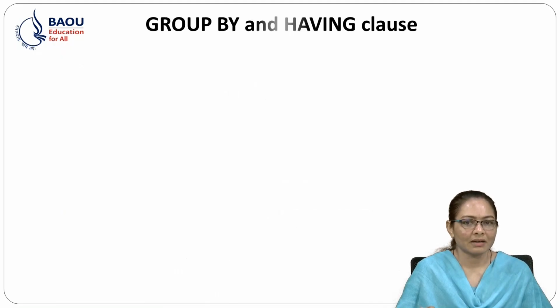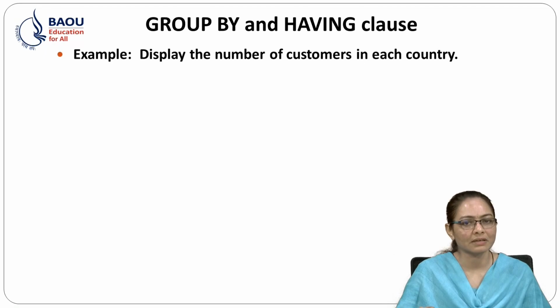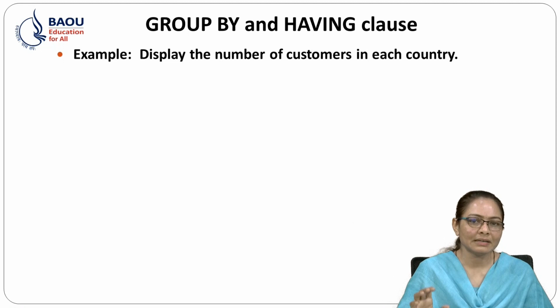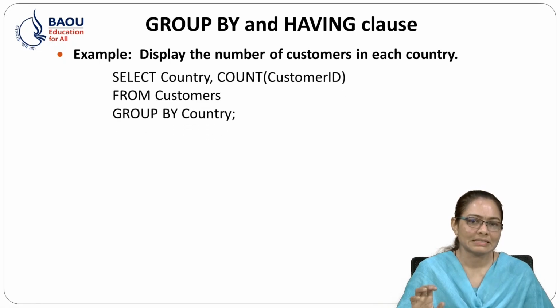Now, another example of the group by and having clause: display the number of customers in each country, or the country-wise total number of customers. See how to write the command. Select country, comma, count, in brackets customer ID, from customer table, group by country.